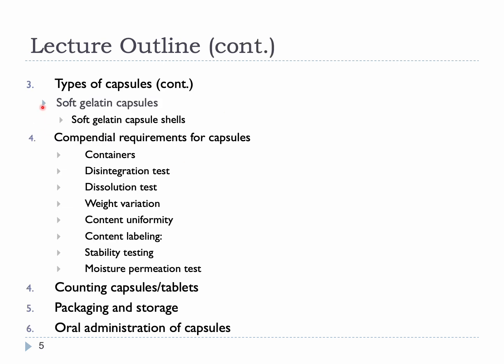Soft gelatin capsule, with a special focus on the soft gelatin capsule shell. Compendial requirements for capsules have many requirements. Then counting capsules and tablets, packaging and storage for capsules and tablets, and oral administration of capsules and tablets.